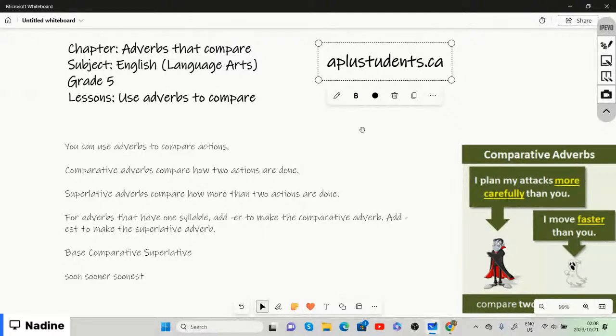So once again, an adverb compares actions, because remember, a verb is an action. A comparative adverb compares how two actions are done, and a superlative adverb compares how more than two actions are done.